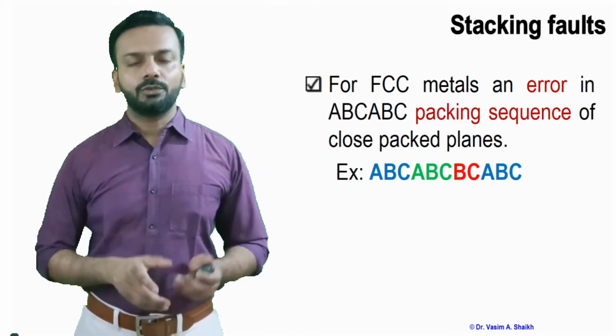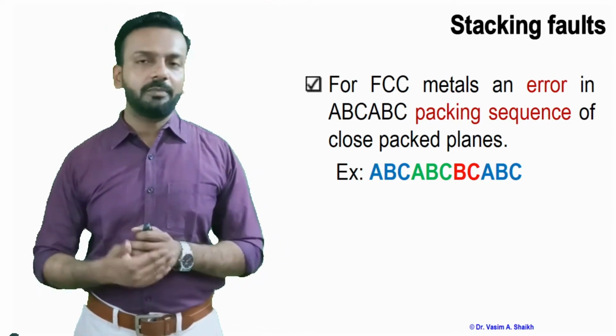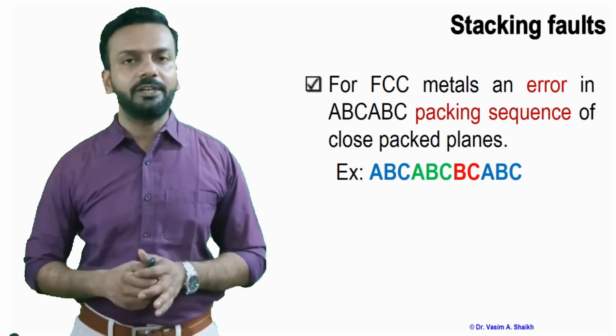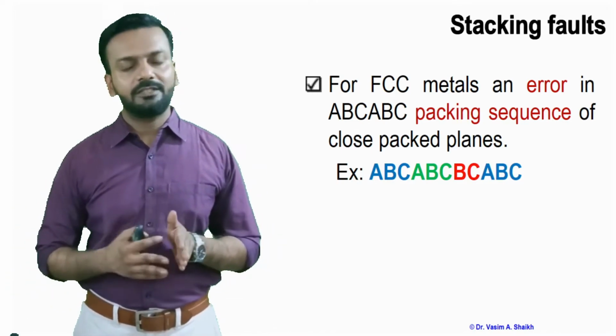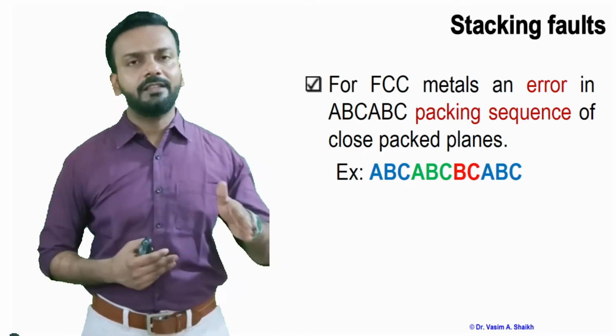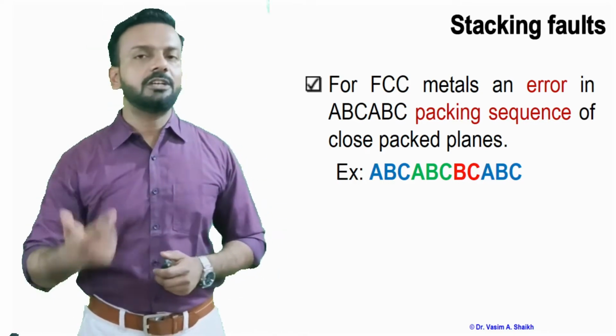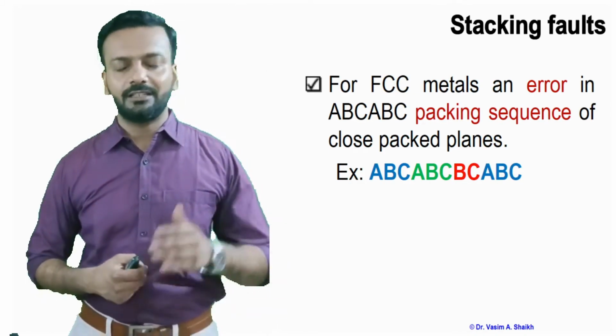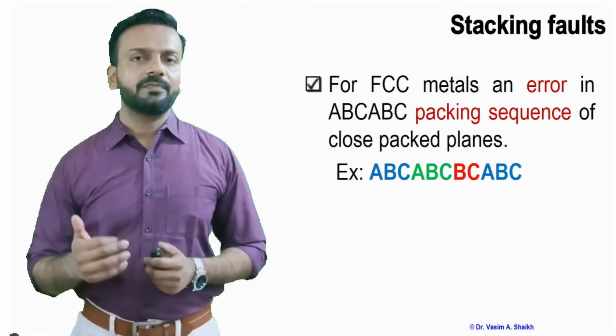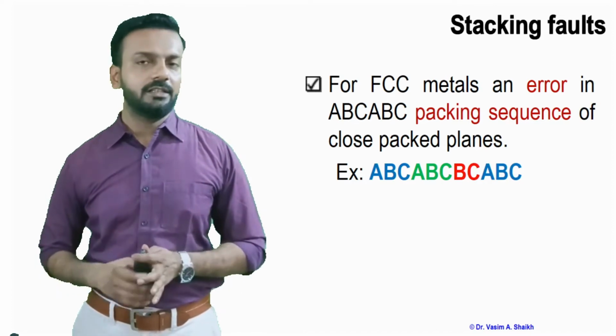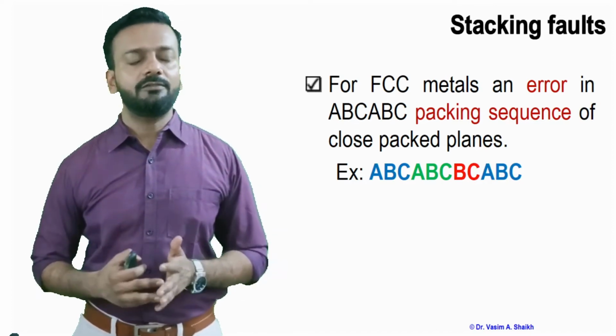After every three planes, the stacking repeats. When we see an FCC crystal structure, coming up in the next slide, we'll see exactly that stacking. But if any of these planes is missing, then we have a stacking fault.